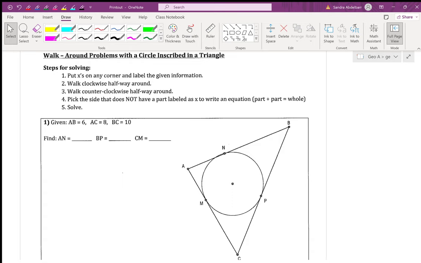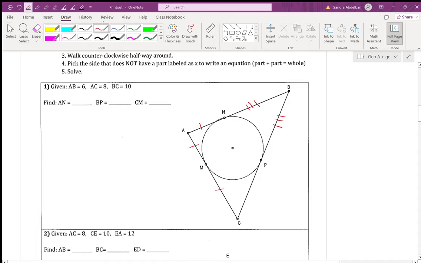Right, and what happens with the two tangent theorem? They're congruent. So I know that AN is congruent to AM. I also know that BN is congruent to BP. And I know CM is congruent to CP.